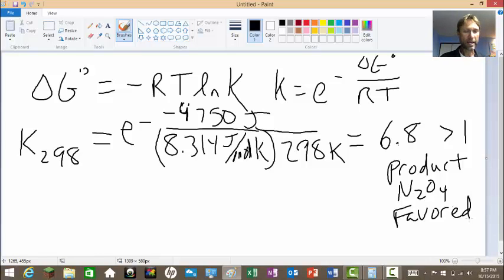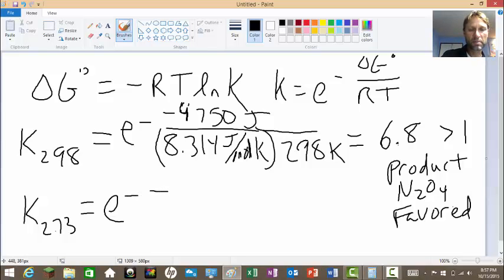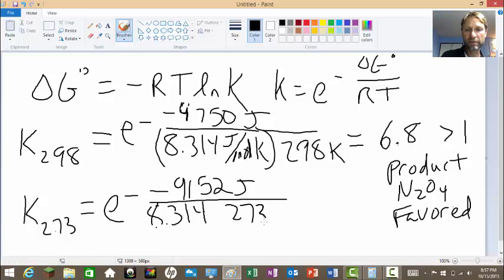Okay, now if we want to calculate K at a different temperature, 273, we have to use the new delta G for that temperature, which is minus 9152 joules. Now notice it's e to the minus minus 9152 joules, so those two minus signs often confuse people. Then 8.314 and 273 for the temperature.